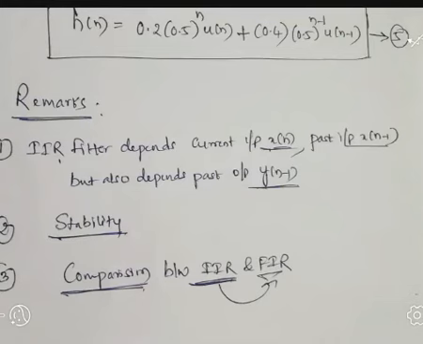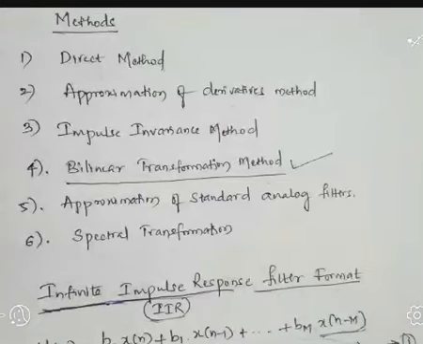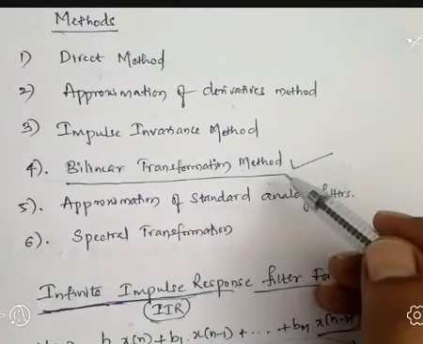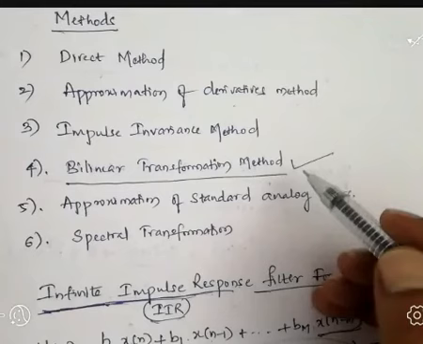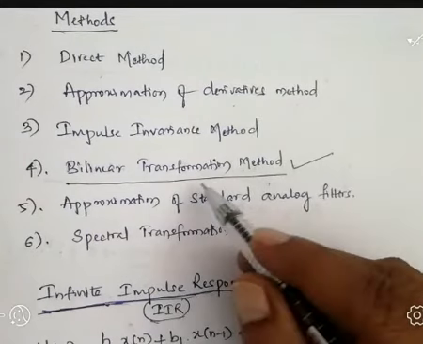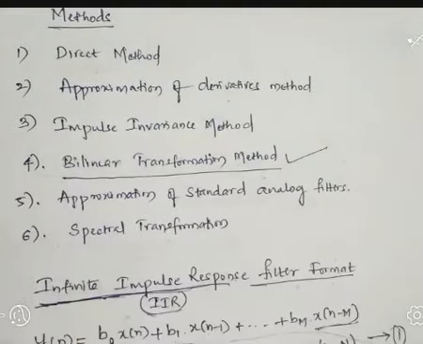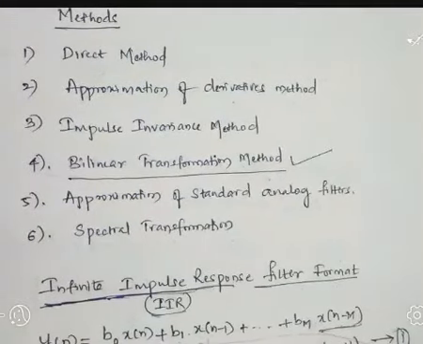But in the coming session, I'm going to discuss IIR filter design using the BLT method, or bilinear transformation method. Many methods are available, but I'm going to concentrate on the bilinear transformation method.